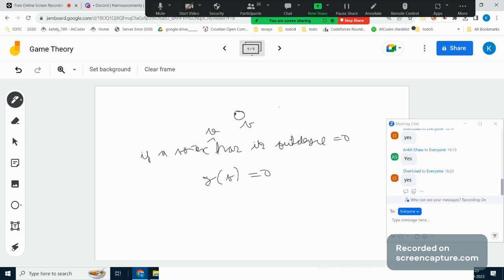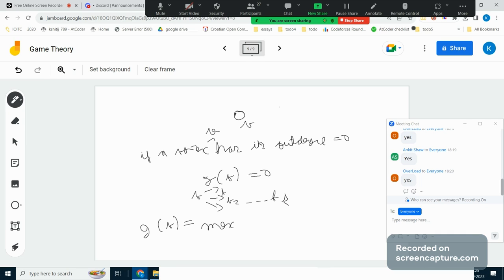And now for the other vertices, this is how we calculate the Grundy value. So the Grundy value G of V is equal to, so let the vertex V lead to say k nodes, B1, B2 and so on till Bk.